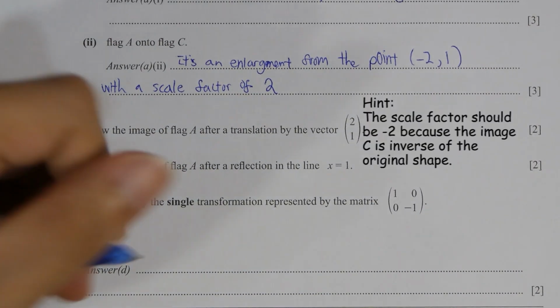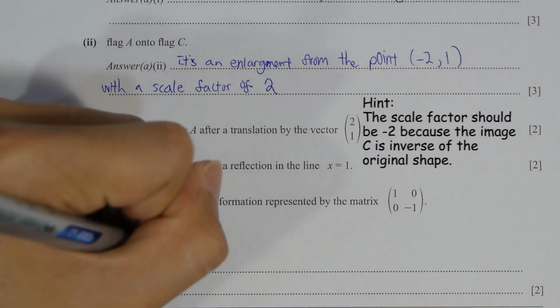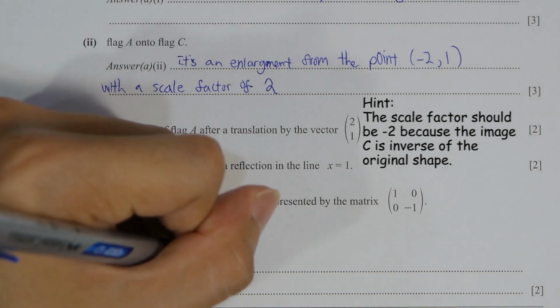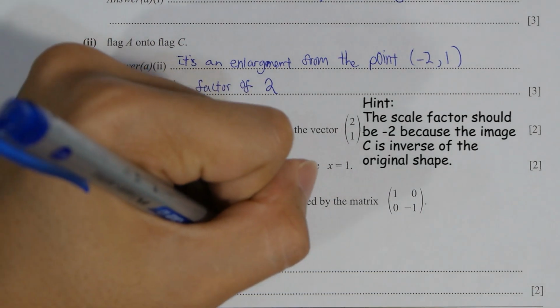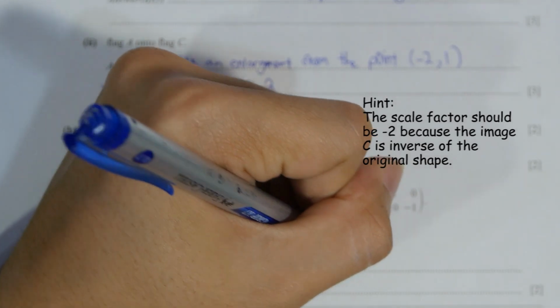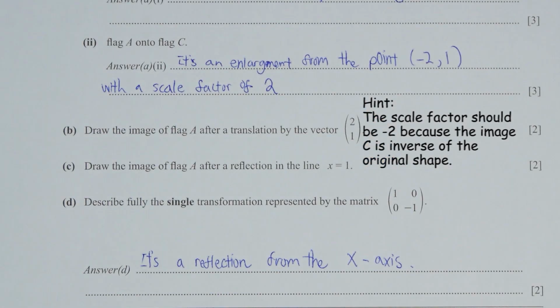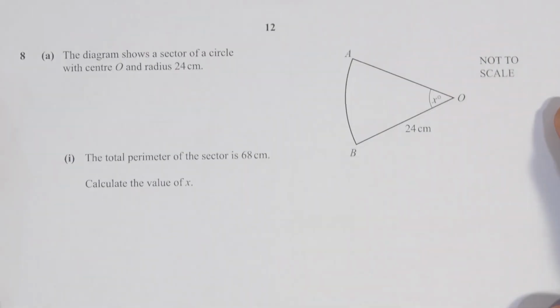However, for part D, you're required to memorize it as an option, or you can simply use the matrix calculation, and simply take a point from the graph and multiply it. Then you will get the result as it is a reflection from the x-axis.